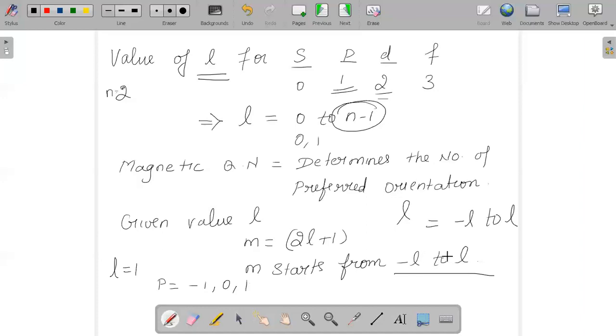Do not forget minus L to plus L. 0 comes in between, hence you have to consider 0 also for your magnetic quantum numbers.